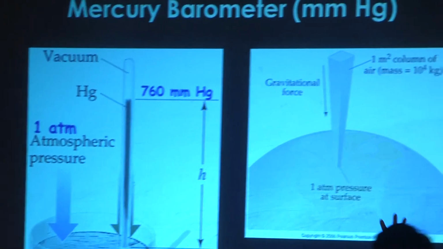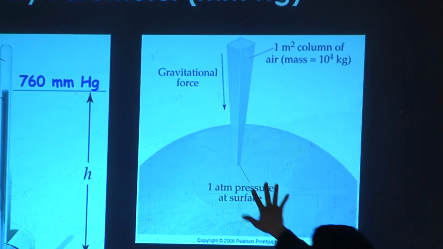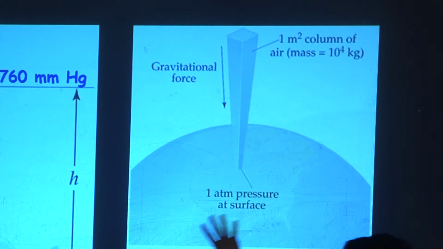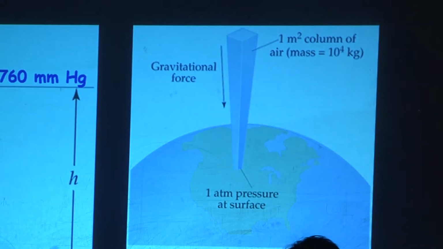And so just to reiterate, 1 atmosphere is the normal pressure at what they call sea level. The oceans all around establish sea level. And as you go up or down, it changes slightly. It also changes with the weather.